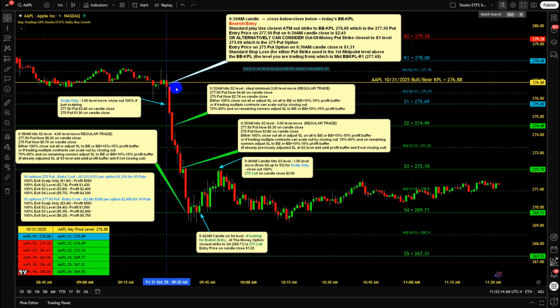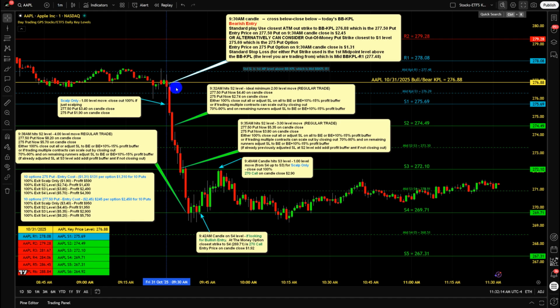So for scaling out, for adjusting stop losses, for doing all these other things that you can do, that is called a regular trade, and that takes at least a 1.5 level move. Now today, things were moving so fast with this, we just basically went through one level move increments.